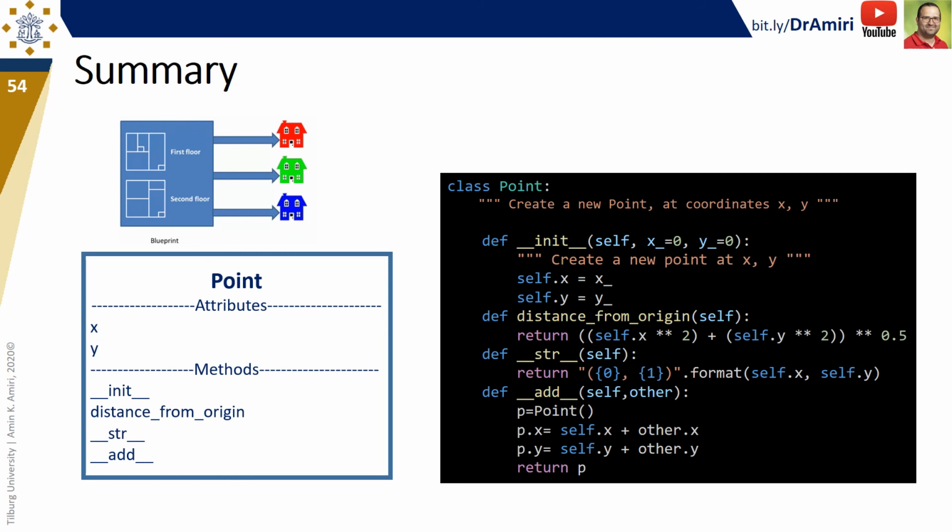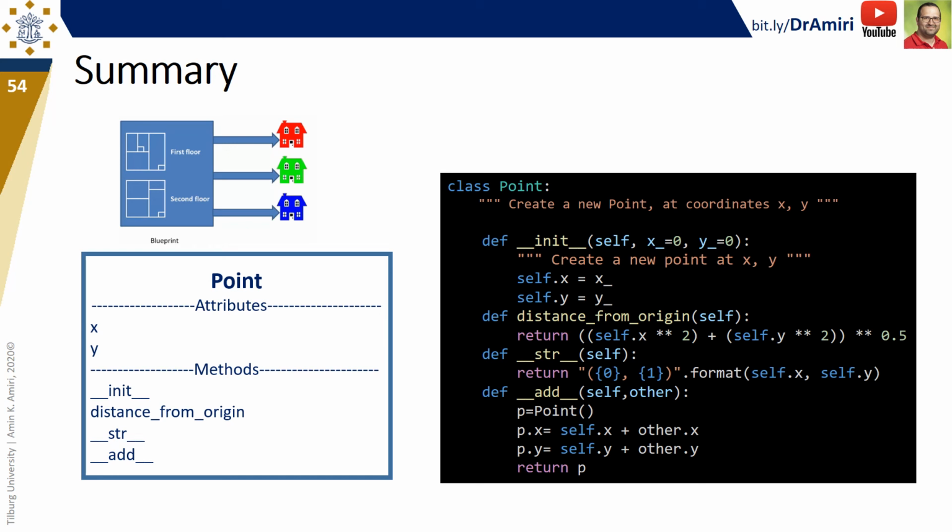Let me provide a summary of what we have learned so far so that we are ready for the next video. First of all, we learned that a class is like a blueprint, and you can use that blueprint to create several instances of that blueprint, which are called objects.